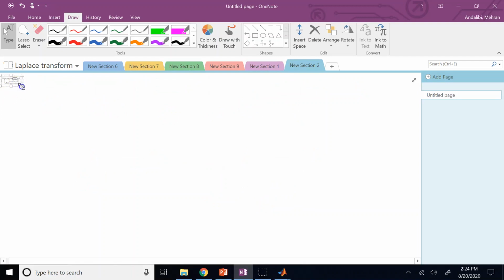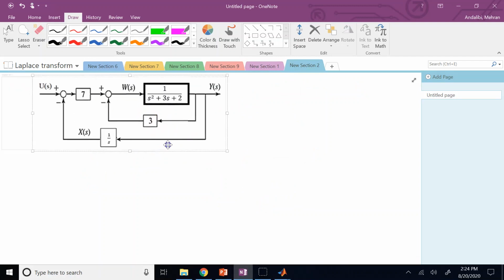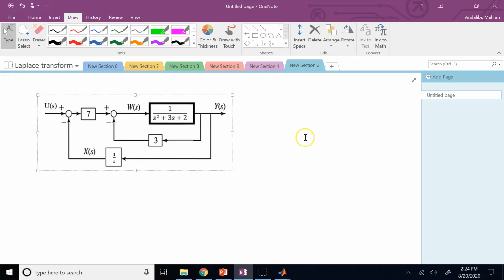Somebody gave me this and says, replace this with a single block where you send in U and it gives out Y. If you call that G of S, what is that G of S? So the two systems are equivalent. Well, how do we do that?